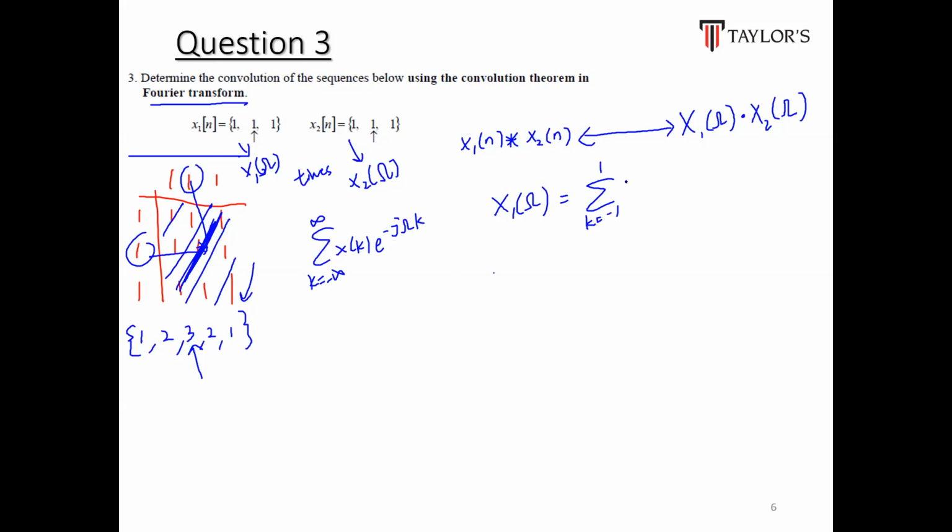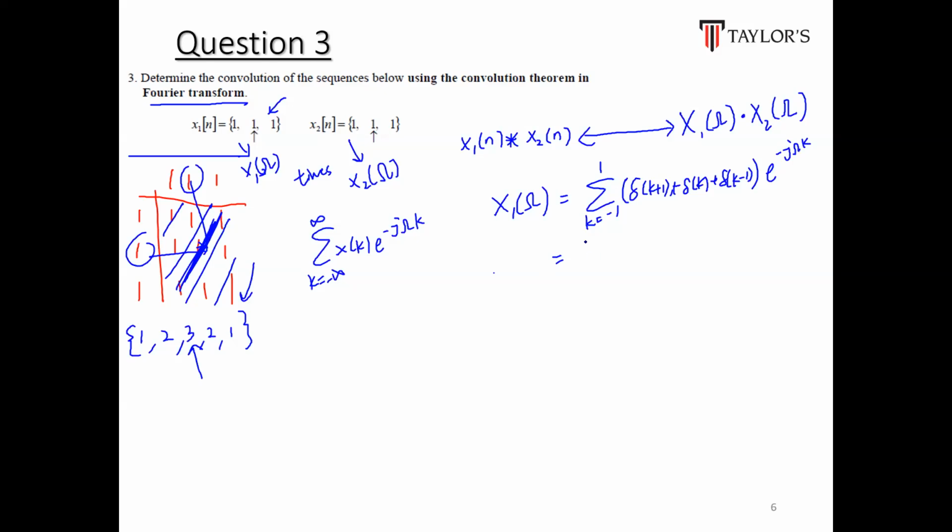And this is just delta[k+1] plus delta[k] plus delta[k-1]. I just make this into a mathematical expression, which is exactly the same as the example in your lecture notes. If you forget the example, go back and refer to the lecture notes. e^{-jωk}.